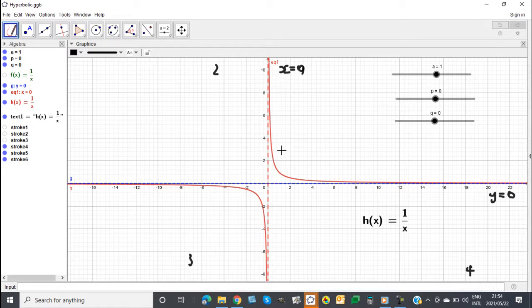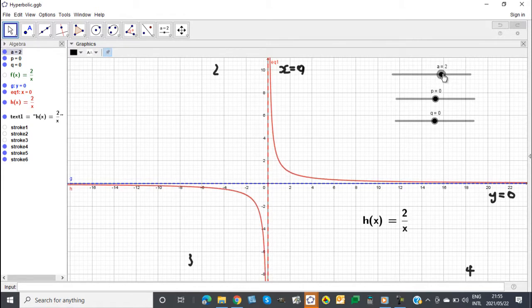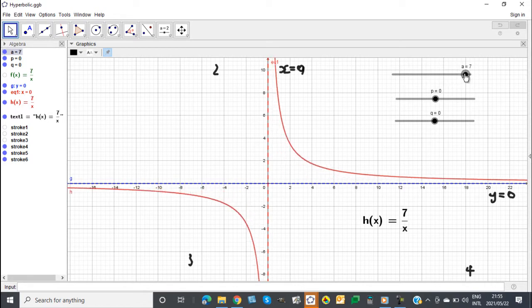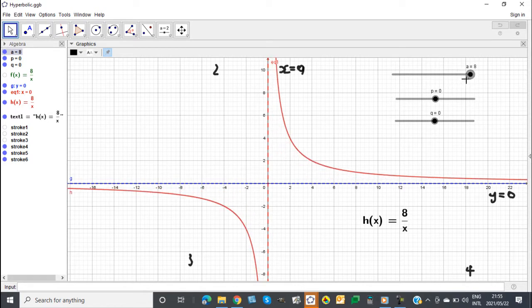So x equals 0 acts as my vertical asymptote. And my graph is now bounded in the first and the third quadrant because my A is positive. So A is positive 1 at the moment. Now, A can be 2, 3, 4, 5, and so on, up until 8. As long as your A is positive, your graph will always be in those two quadrants, the first and the third.